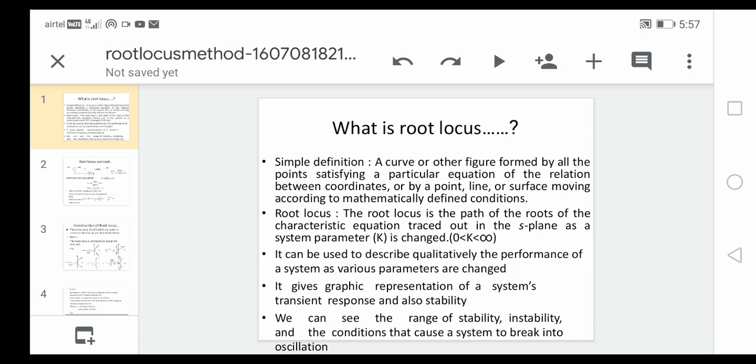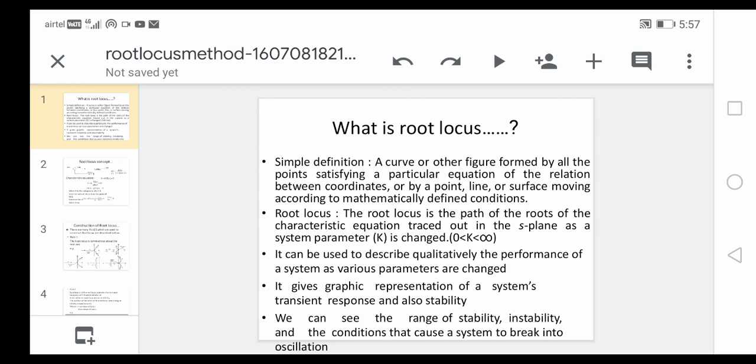How are we going to define a root locus? It is simply a locus, a curve, where the gain values vary from 0 to infinity by satisfying the particular equation.